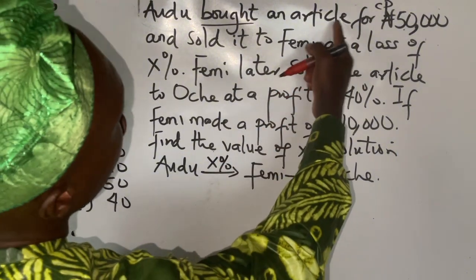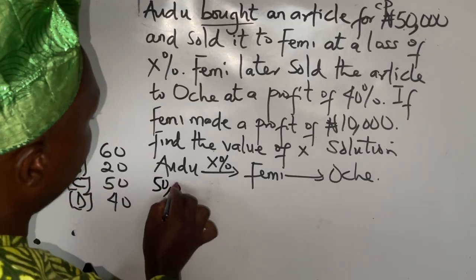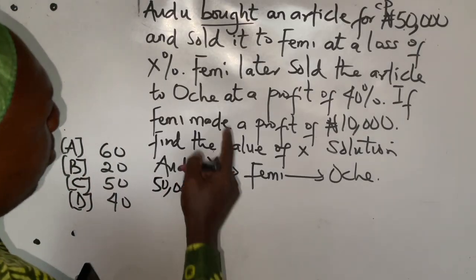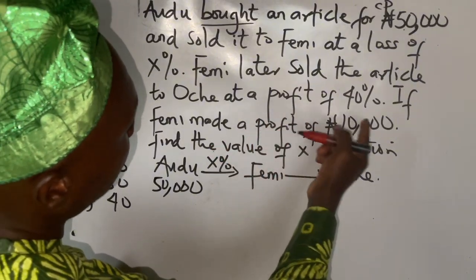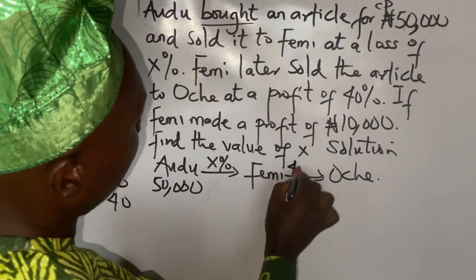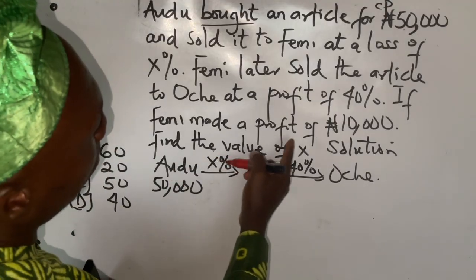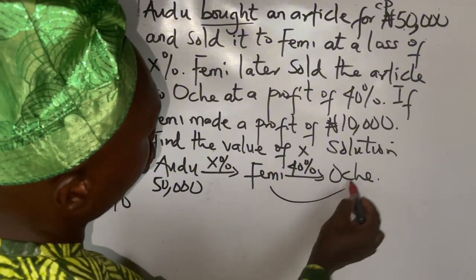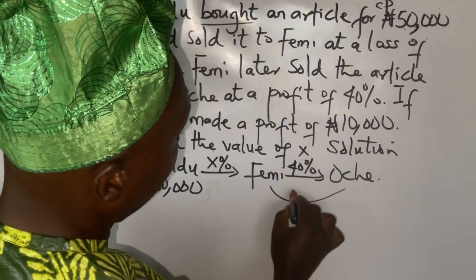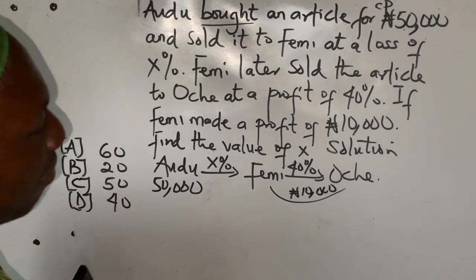But we are given the cost price of Audu to be 50,000 naira. Femi later sold the article to Oshe at a profit of 40%. But we are told that Femi made a profit of 10,000 naira, so the link between these two is 10,000 naira. Find the value of X.